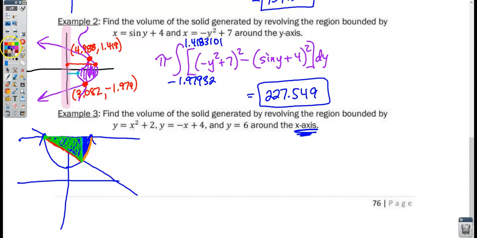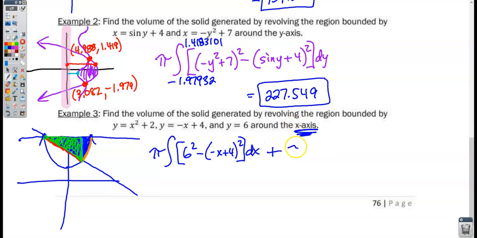The outer radius here for this one is 6. It's going to be 6 squared, and the inner radius is the line negative x plus 4. And that starts at this point right here and ends at this point right here, whatever they are. I'll worry about finding those in a second.